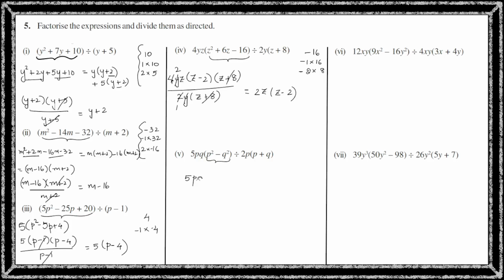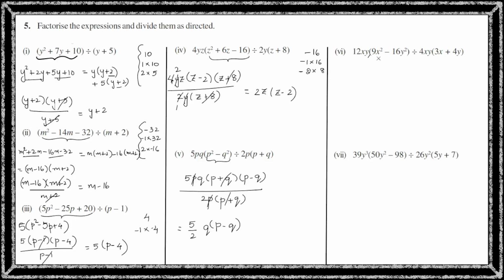A square minus b square is equal to a plus b into a minus b, right? So divided by 2p into p plus q. P gets cancelled, p plus q gets cancelled, and I have 5 by 2 times q into p minus q.